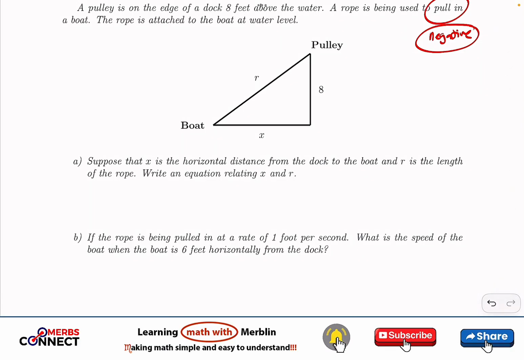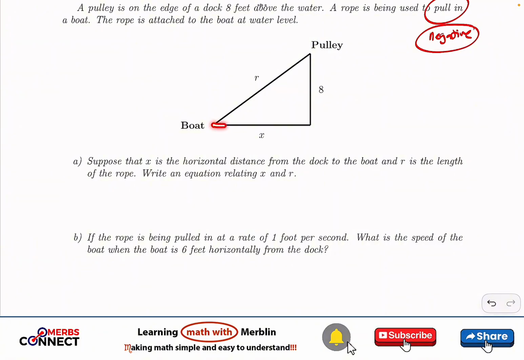So the first question is, suppose that x is the horizontal distance, which is already labeled, from the dock to the boat, and r is the length of the rope. Write an equation relating x and r. So this one, we are going to use the Pythagoras theorem. This is the long distance.